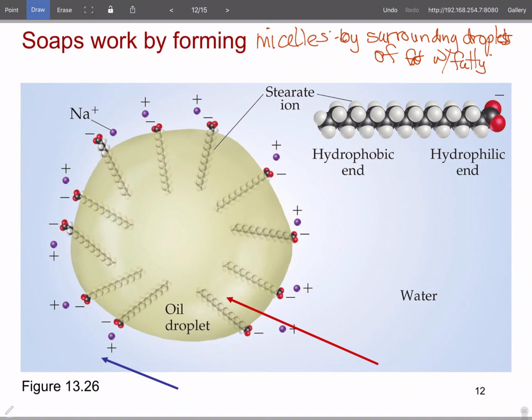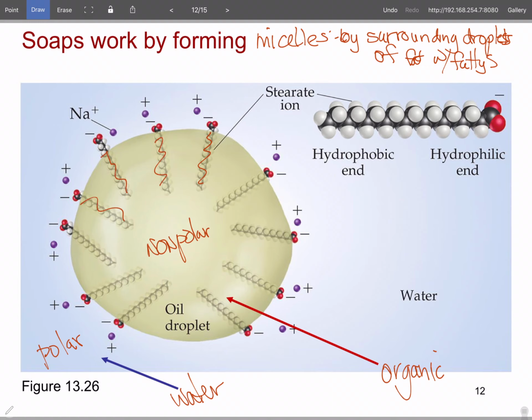The oil droplet we call the organic phase, which is a fancy name for nonpolar, and this is the water phase, which is a fancy name for polar. So you get these little bitty droplets that have the fatty acid salts with the nonpolar end holding little droplets and the head group sticking out so they'll dissolve in water.